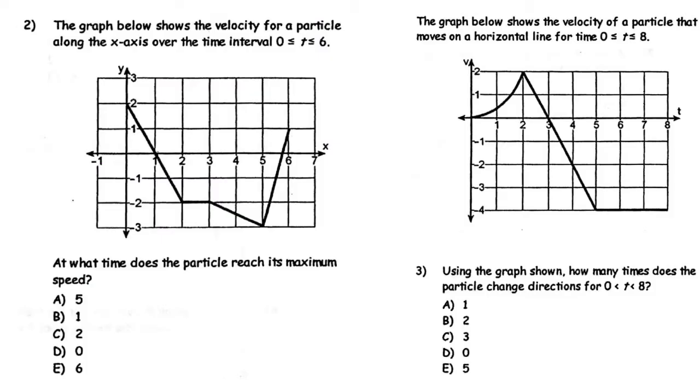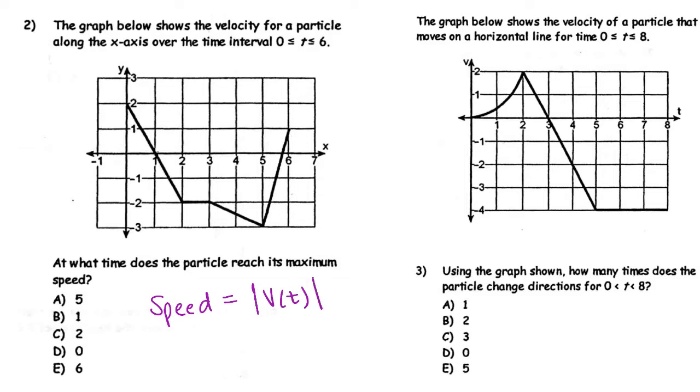Okay, our next question. We are given a velocity graph, and we are asked at what time the particle reaches its maximum speed. Now, we do need to remember that speed is the absolute value of velocity.